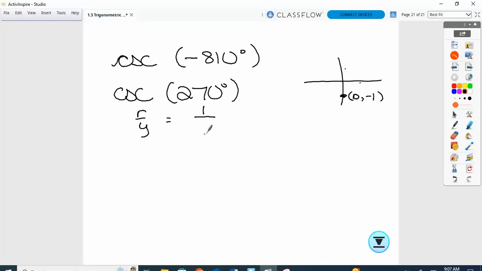The y at this point is negative 1, and we get negative 1 for our answer. Okay, double check your table. When we did cosecant of 270 degrees, did we have negative 1 in there? Yes. So use your table, check yourself, but figure them out without just jumping to that answer. Is that one okay?